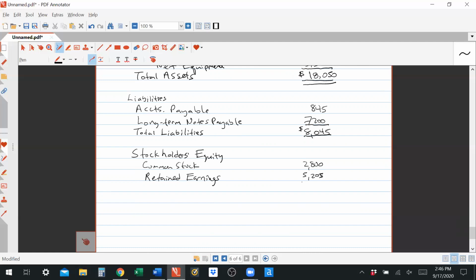And you sum those numbers, and we should get the $8,005. So this is the total stockholders' equity. And then finally, the total liabilities and stockholders' equity is the 8,045 plus the 8,005. And it looks like we've made a mistake because those two numbers sum up to 16,050, not 18,050.